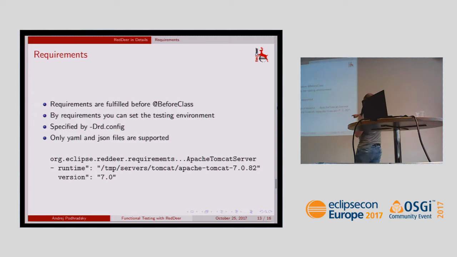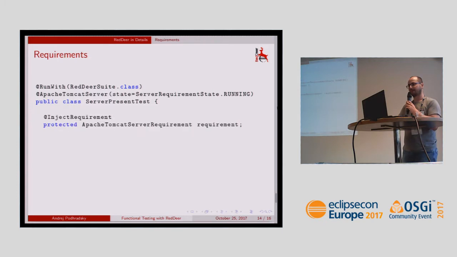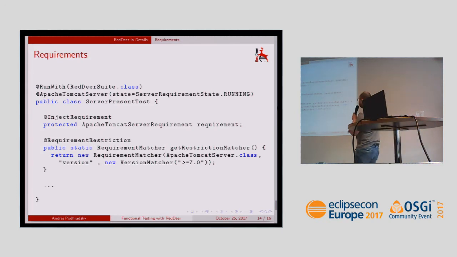In this file, you can specify more servers or databases, whatever, of the same type but with different versions. If you specify 3 servers, the test will be executed 3 times with the different versions. And you can restrict the set of servers which should be used for your test execution by this requirement restriction.